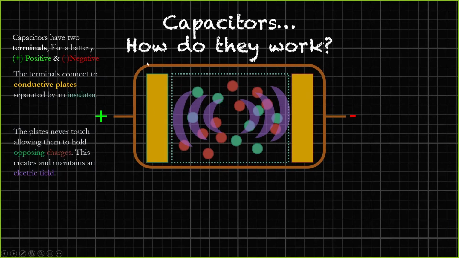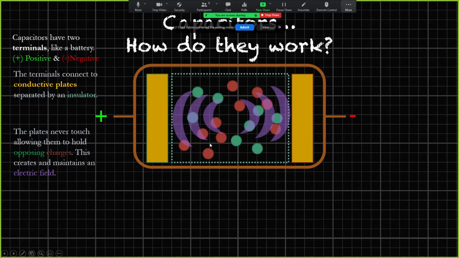We have electrons on one side, we have positive charge carriers on the other side, and the bigger the difference between the charge carriers and the electrons, that bias, is the voltage level. But instead of being held within plates or a chemically reactive substance, it's stored in an electrical field.